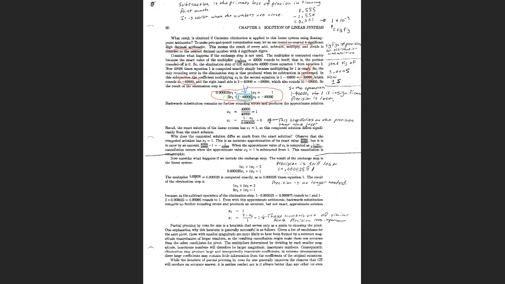Now let's see what the result is. When you solve for x2, you're going to get a 1, which is pretty close to the exact answer.